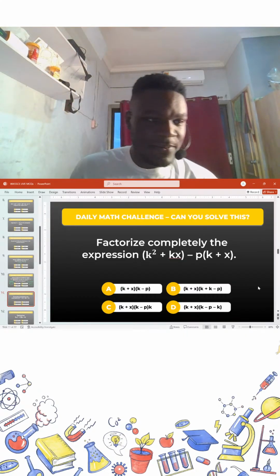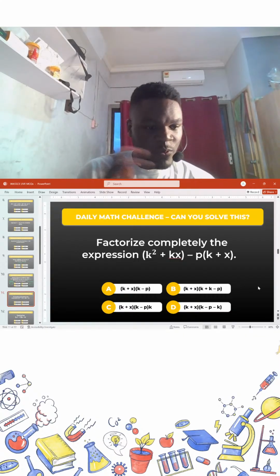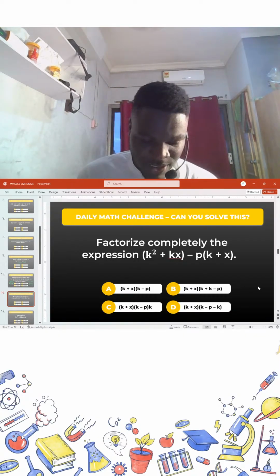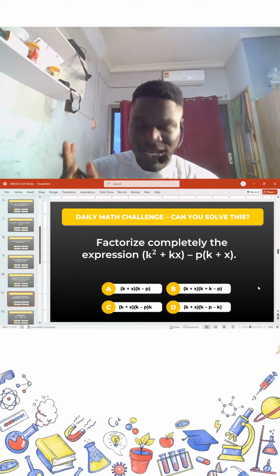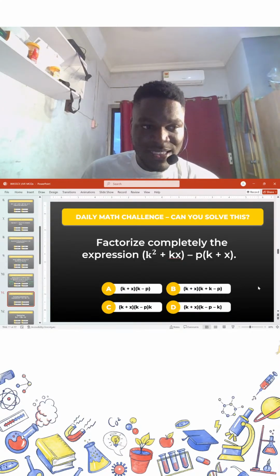So what do we have? For those of us who are following along and solving, if you look at the expression k squared plus kx minus p times (k plus x), when we solve that expression, we are going to get (k plus x) and then (k minus p).